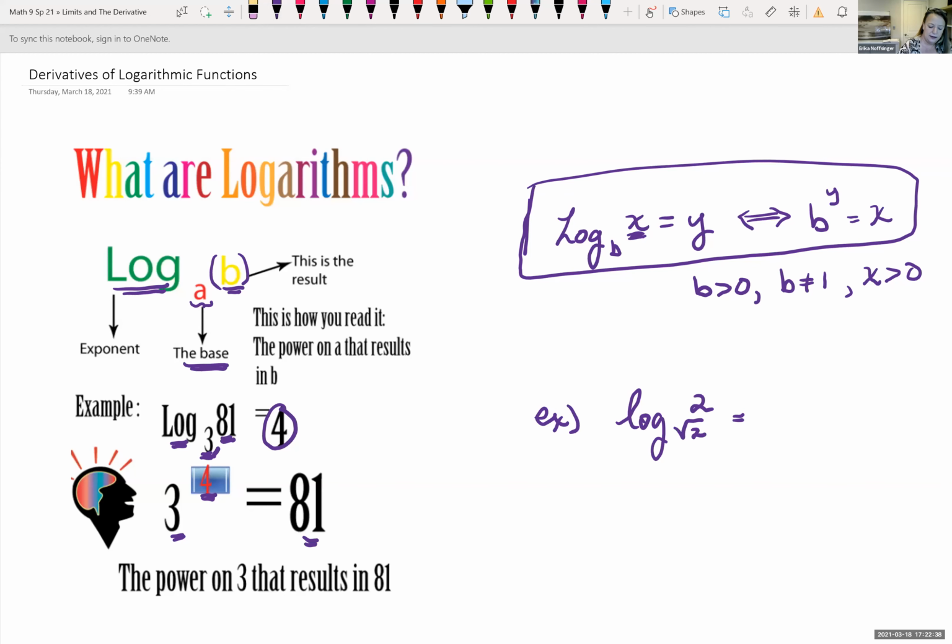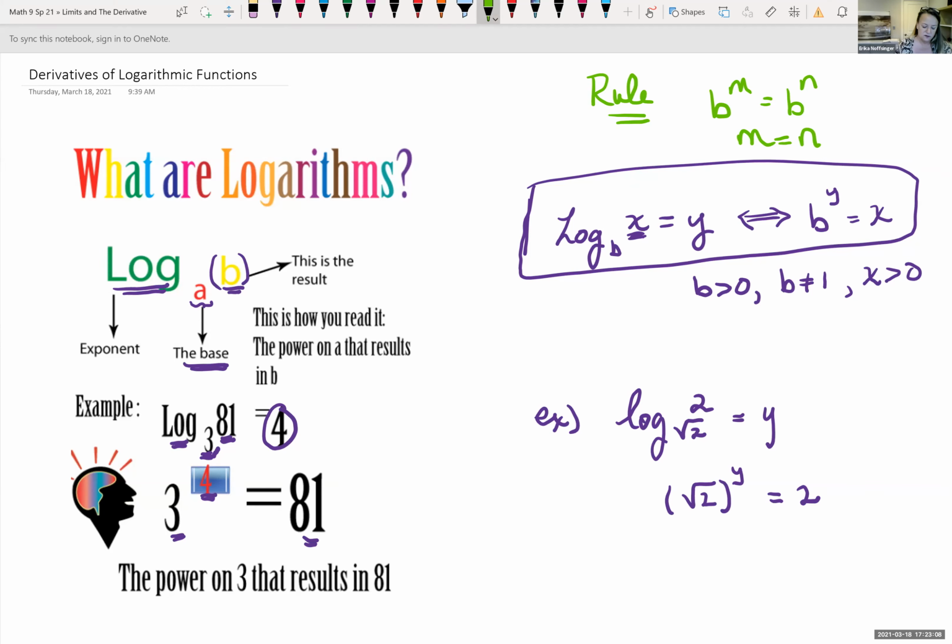Let's say it's y. This is saying, what am I going to raise root 2 to in order to get back 2? Maybe this was a little harder one than I wanted. Well, there's a rule that says if we have the same base, b to the m equals b to the n, then our exponents have to equal each other: m has to equal n.